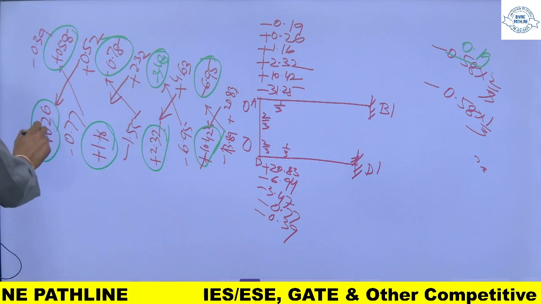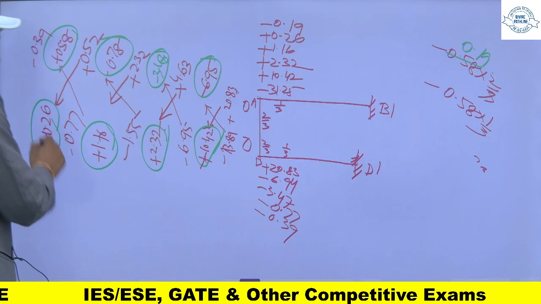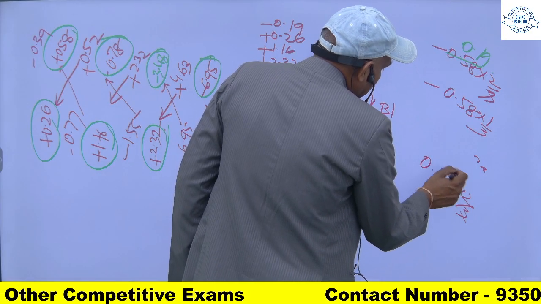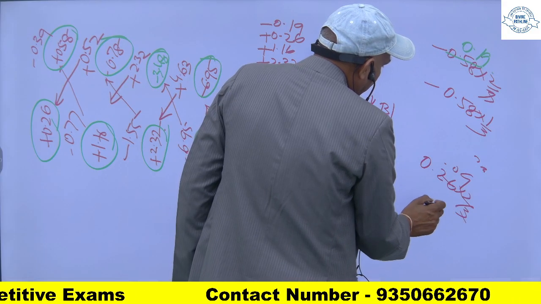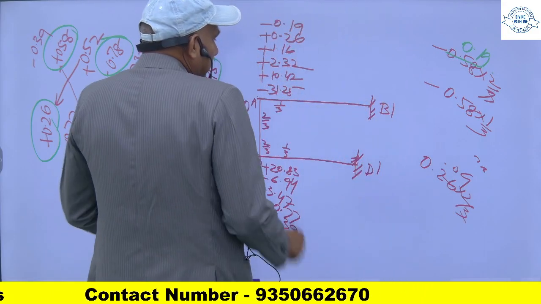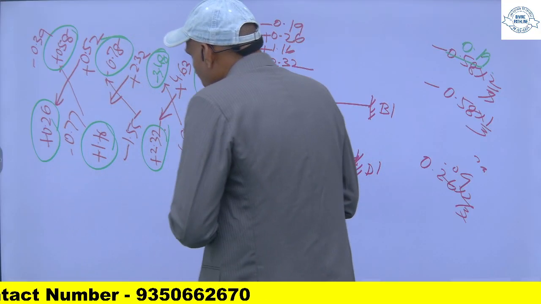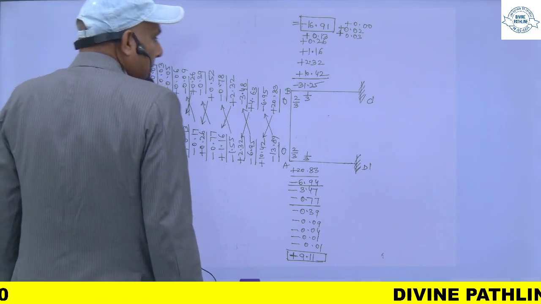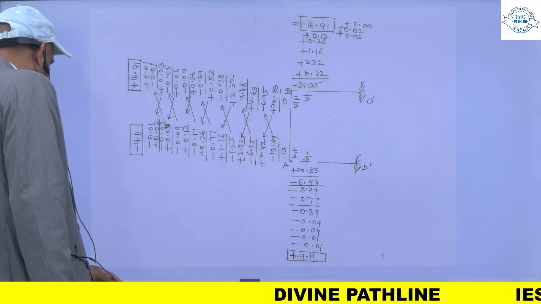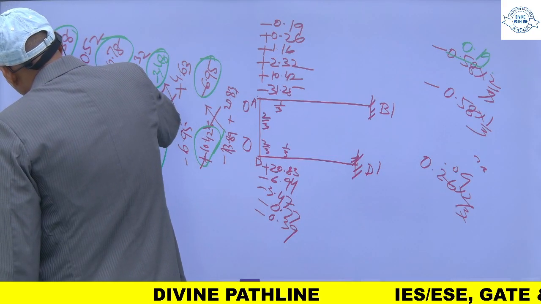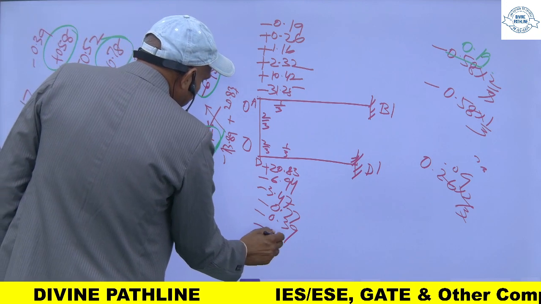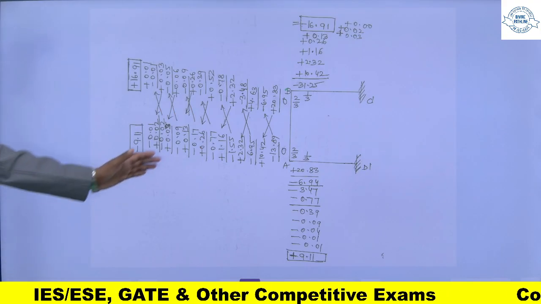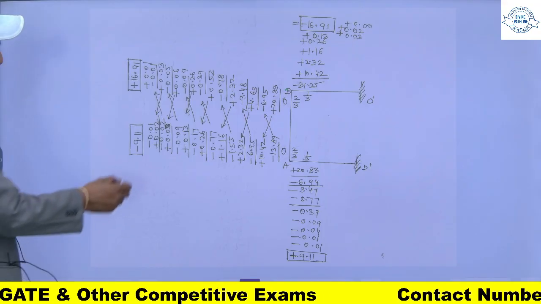Similarly, this is 0.26 here, so 0.26 into 2 by 3, it will be minus 0.17 and this will be minus 0.09. The same procedure you will follow. So finally, after doing calculation, you will get this value.